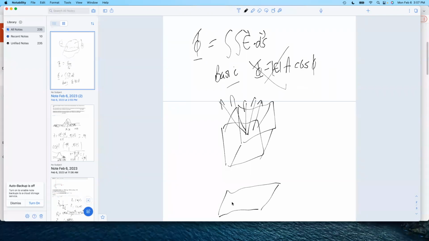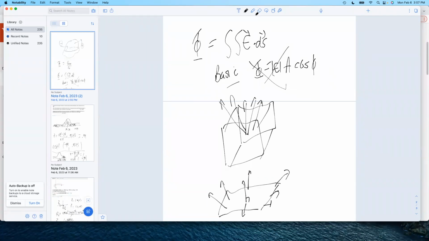That electric field is not flowing perpendicularly straight up through there. It's not even flowing at a constant angle, where it's always at some angle, 30 degrees or whatever. No, it's kind of all over the place. We've got some electric field vectors pointing out this way, some pointing out this way. Right in the middle, it would go straight up. It would be perpendicular, but not over here, not over here.